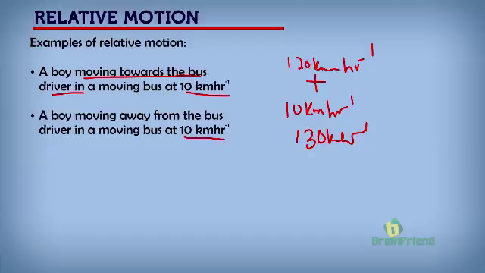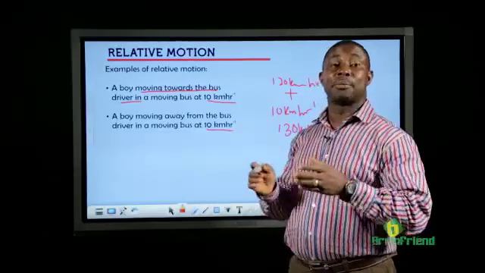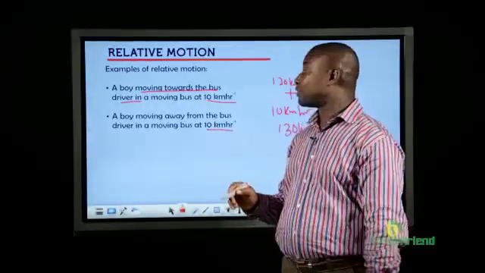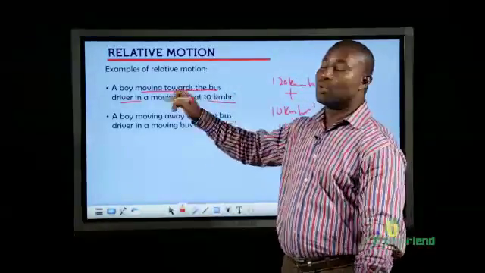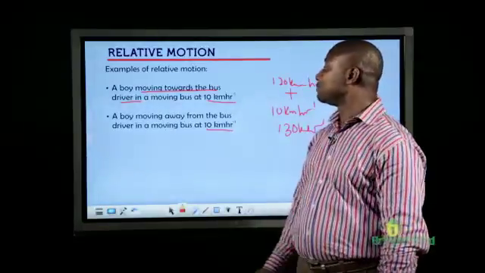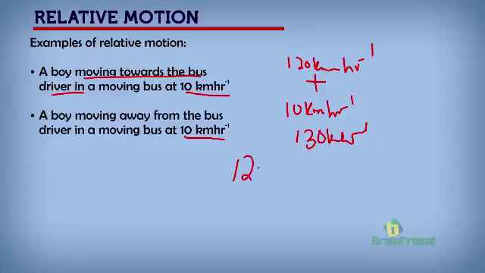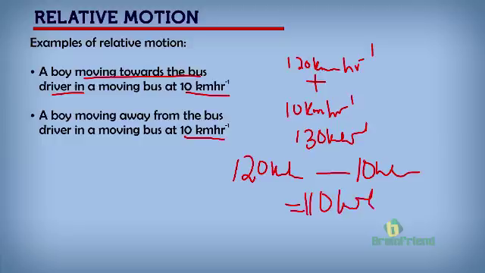Now, when he begins to move away from the bus driver back to his seat, still at 10 kilometers per hour with reference to the bus, the boy will be moving in the opposite direction from where he moved forward from. While relative to the earth, it will be the bus moving at 120 kilometers per hour minus 10 kilometers per hour, which is 110 kilometers per hour if he's moving away from the driver.